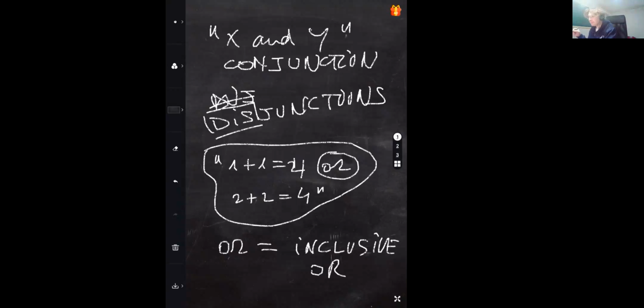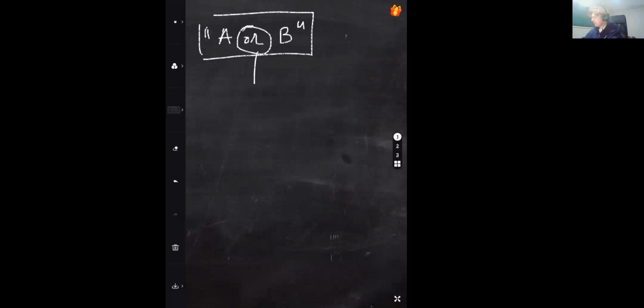If you have A or B, this disjunction will be true, in the case in which this or is inclusive, meaning that A or B is true, or both of them.